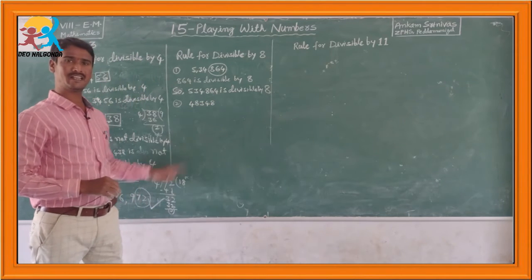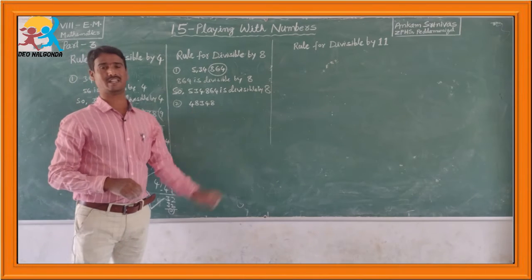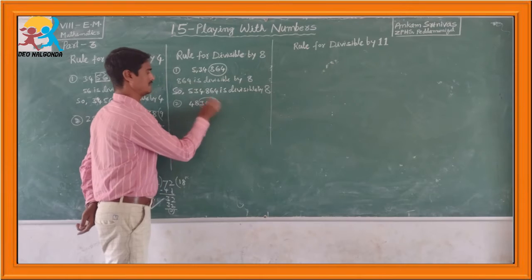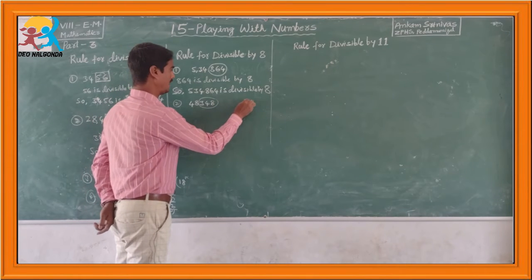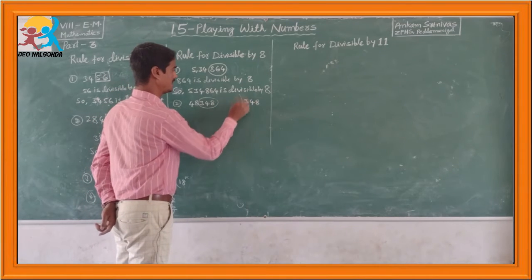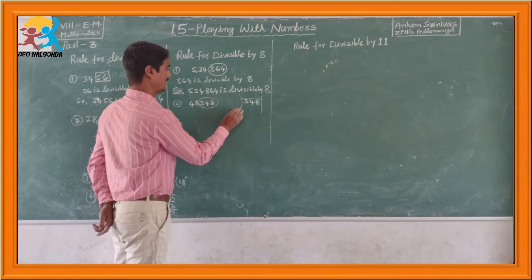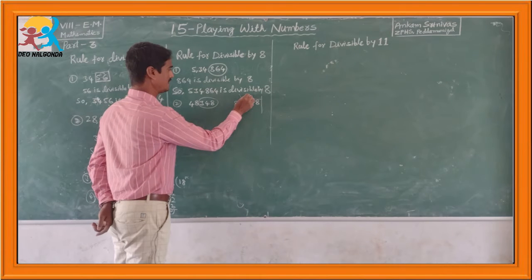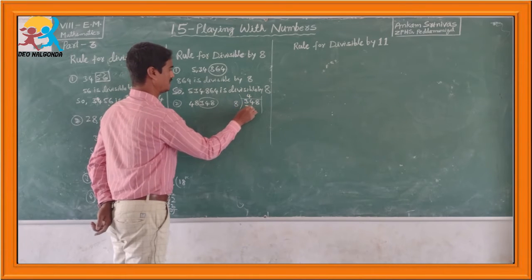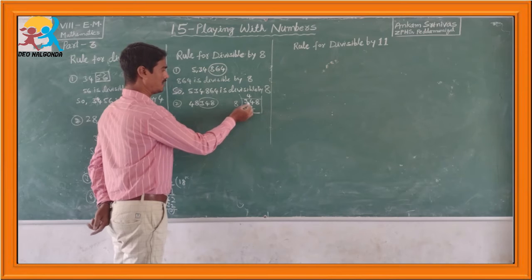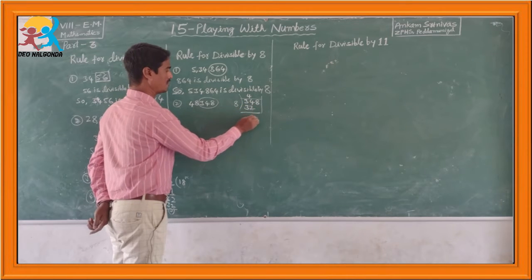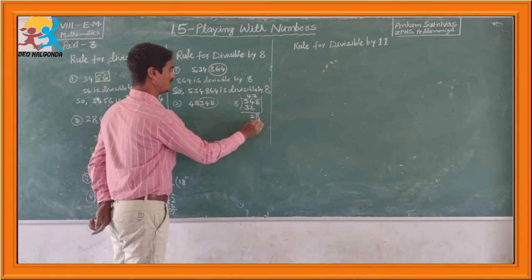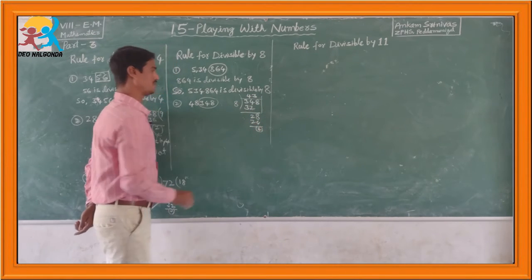Now I have taken 48,348. So take the last 3 digit number, 348. Check whether divisible by 8 or not. 8 table. 8 4s are 32. 34 minus 32, 2. Here 8. 8 3s are 24. Remainder is 4.